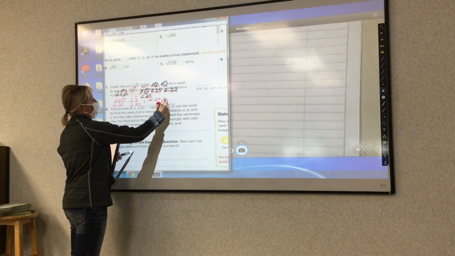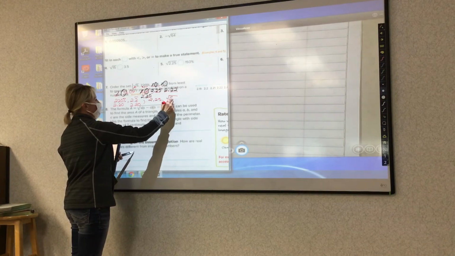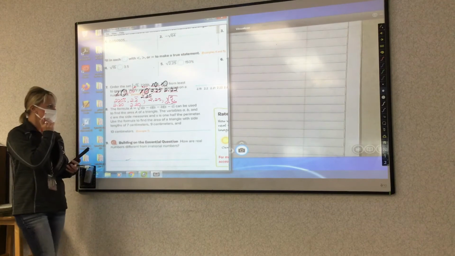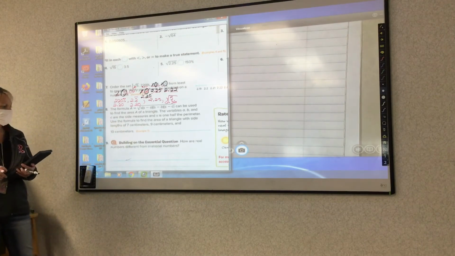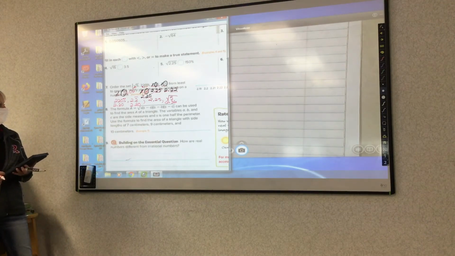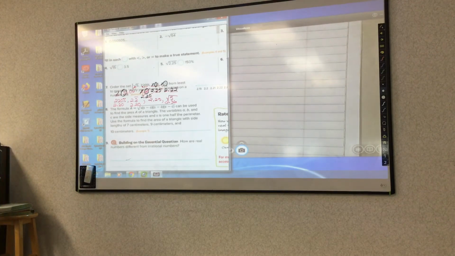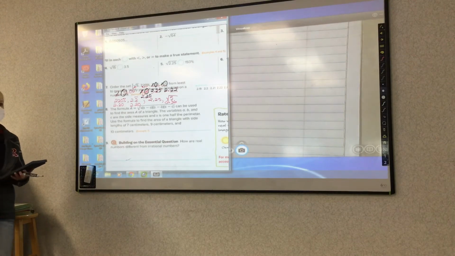And the last number would be the square root of 5, which you write 2 and 36/100. I can stop there. You understand that you had to change everything to a decimal, using a calculator and what we know about decimals.